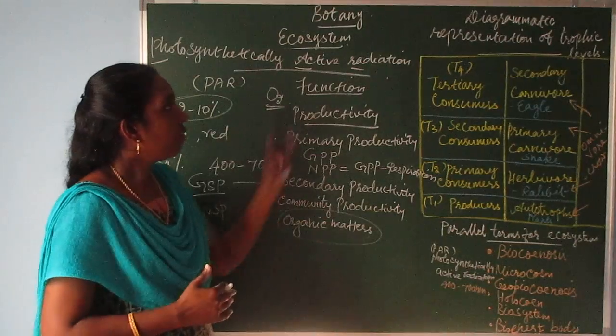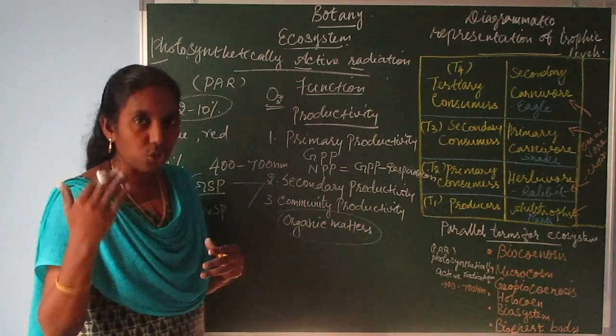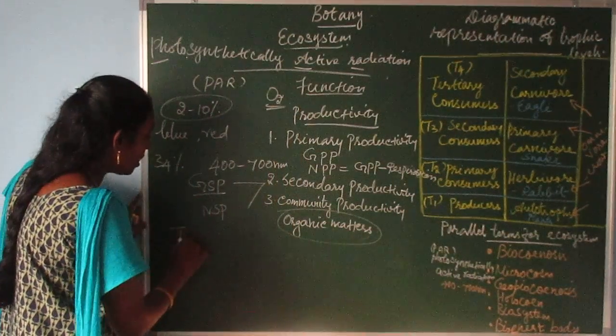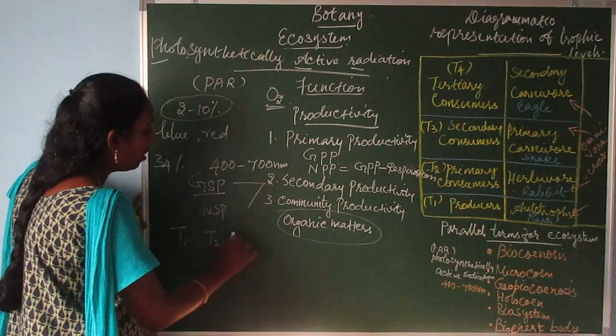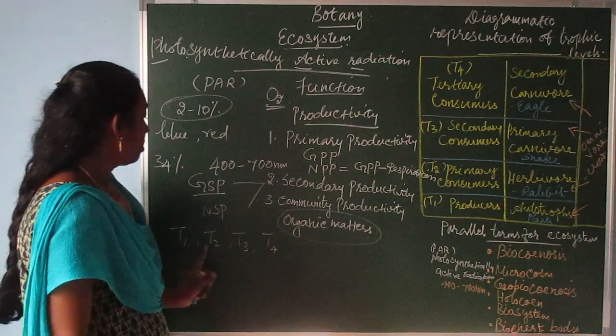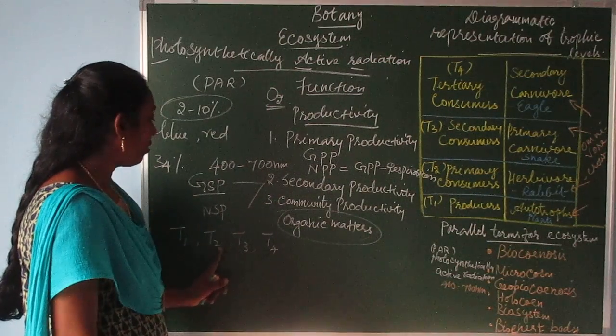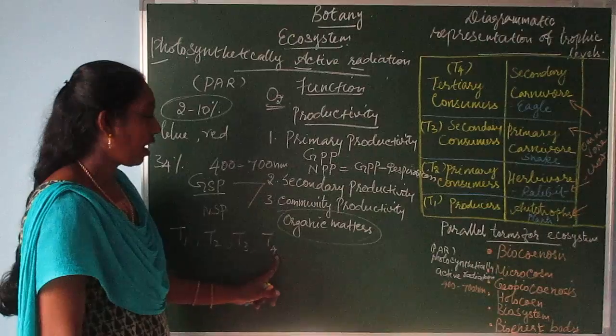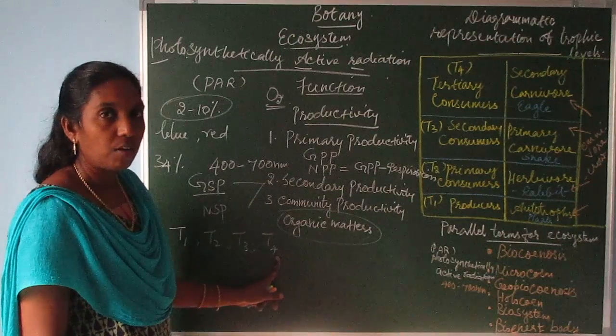Diagrammatically, it can be represented by different trophic levels called T1, T2, T3 and T4. So trophic level 1, trophic level 2, trophic level 3 as well as trophic level 4.